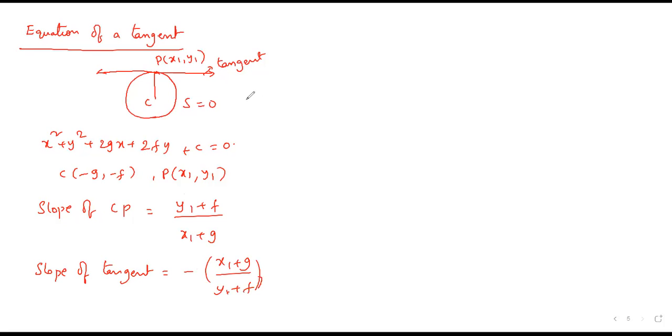Now we have to find the equation of the tangent line passing through (x1, y1) and having slope minus of (x1 plus g) by (y1 plus f). So the equation is y minus y1 equals minus (x1 plus g) by (y1 plus f) into (x minus x1).